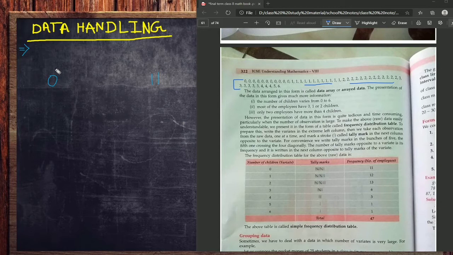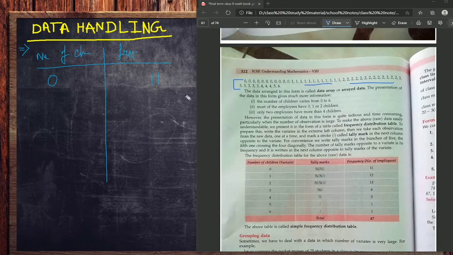So for this kind of arrangement, you need a proper table. So that table will have the number of children, as we are measuring the number of children in each group for this data. So number of children, and this is called frequency. I will come to that later. So first of all, 0. How many zeros are there? That is 11. Okay. Now coming to the second one, 1.